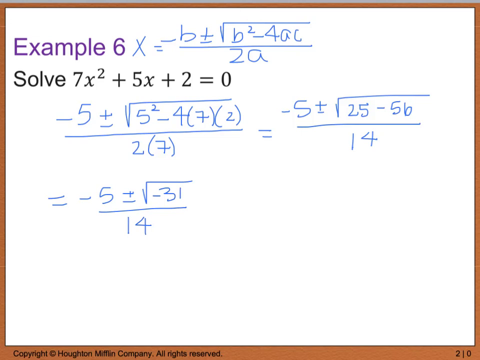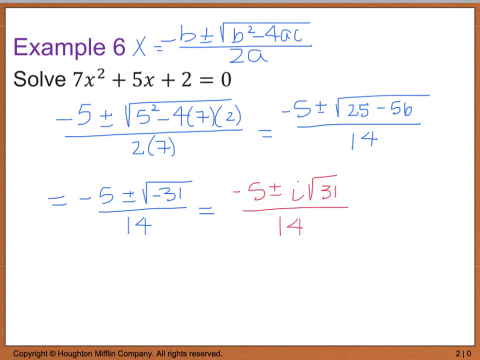Well, now we just ran into an issue. I can't take the square root of a negative number, but because of complex numbers, I know that I can rewrite that as negative 5 plus or minus i times the square root of 31, divided by 14.